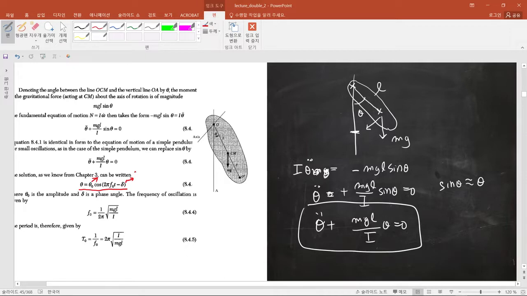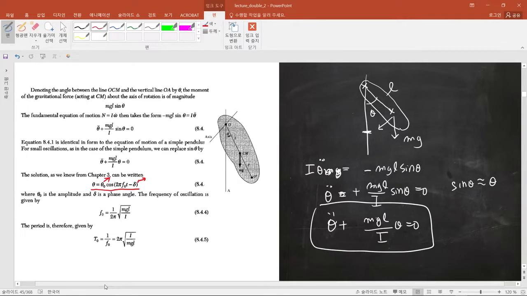Theta 0 is the amplitude, and delta is just the phase angle. Just to remind you, theta 0 and delta are determined by the initial conditions, theta 0 and theta 0 dot.